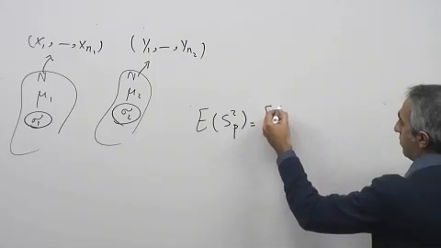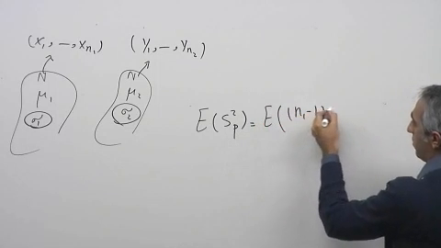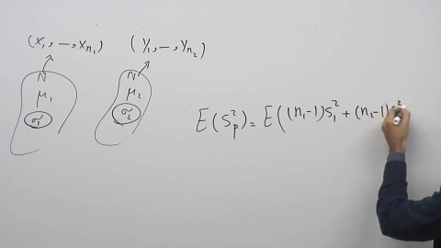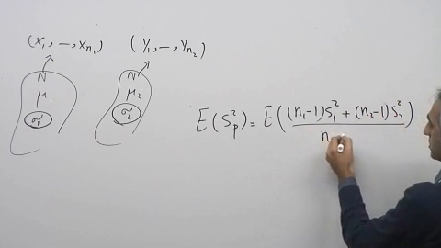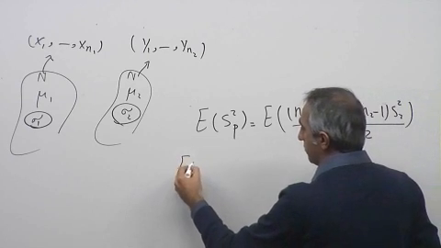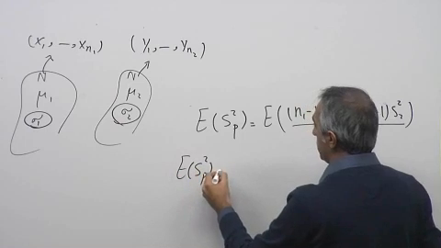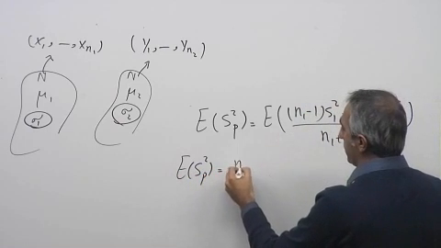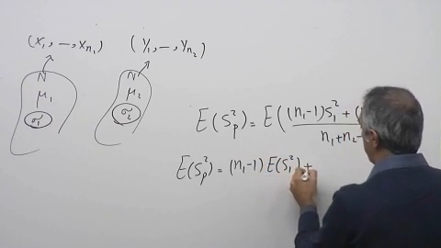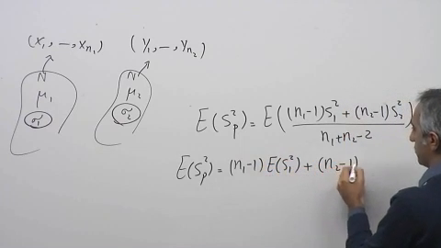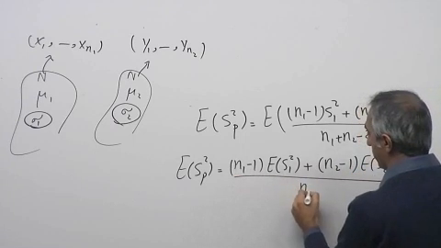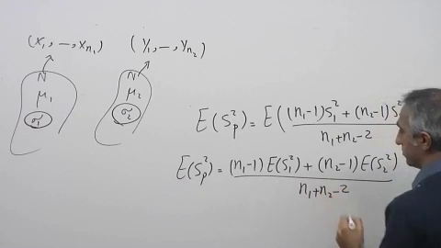It is the expected value of n1 minus 1 S1 squared plus n2 minus 1 S2 squared, divided by n1 plus n2 minus 2. So the expected value of S squared p is n1 minus 1 times the expected value of S1 squared, plus n2 minus 1 times the expected value of S2 squared, divided by n1 plus n2 minus 2.